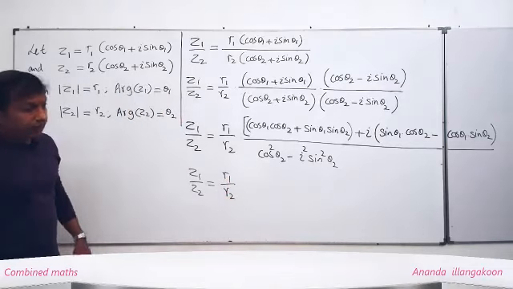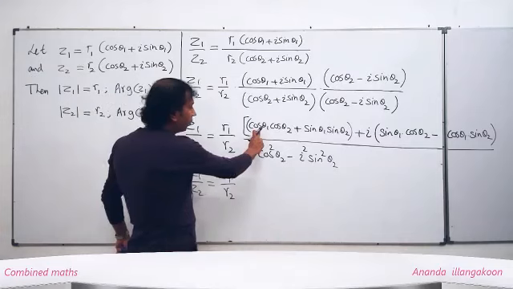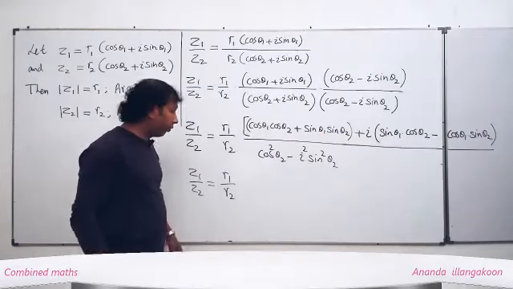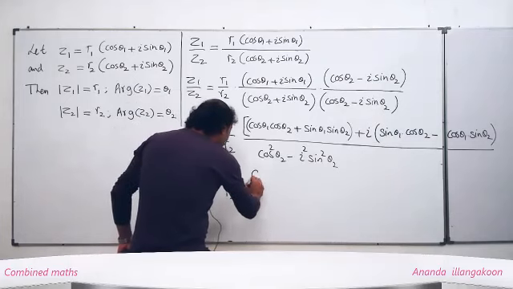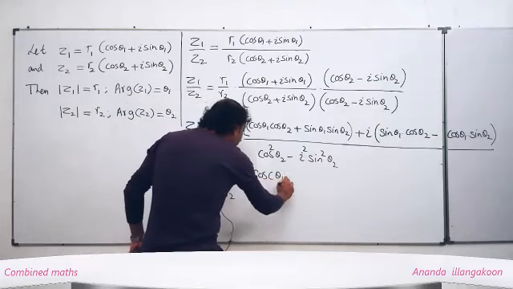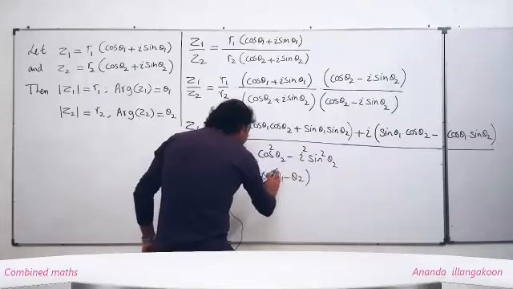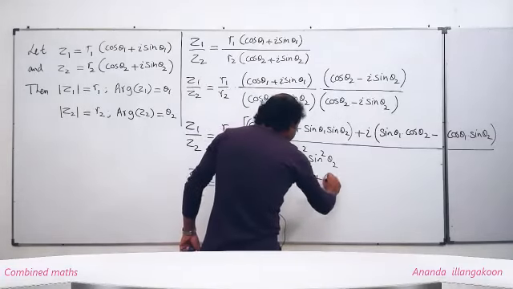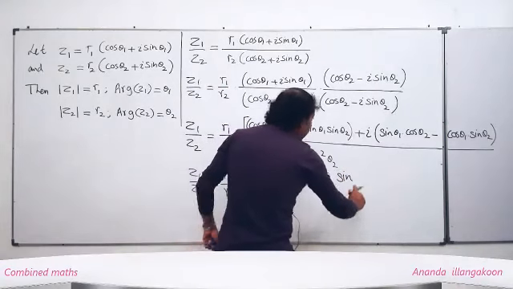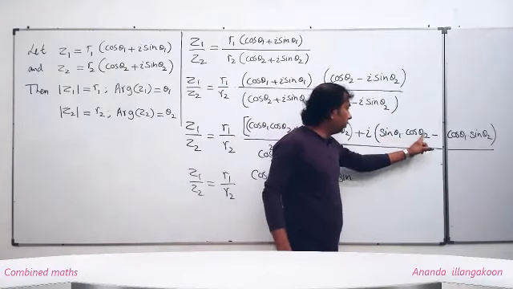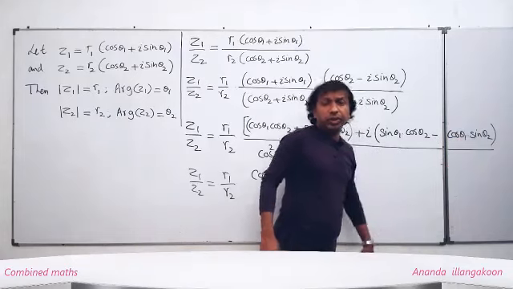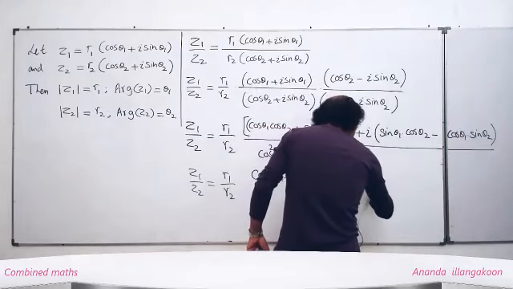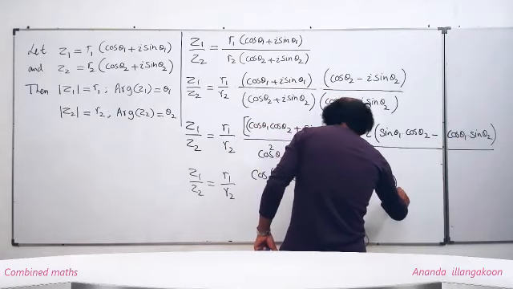Right. Now, what is this? Cos A cos B plus sin A sin B. What is that? Cos (A minus B) form, no? Cos (theta 1 minus theta 2) plus I sin. Here, what is this? Sin A cos B minus cos A sin B. Here, sin (A minus B): sin (theta 1 minus theta 2).